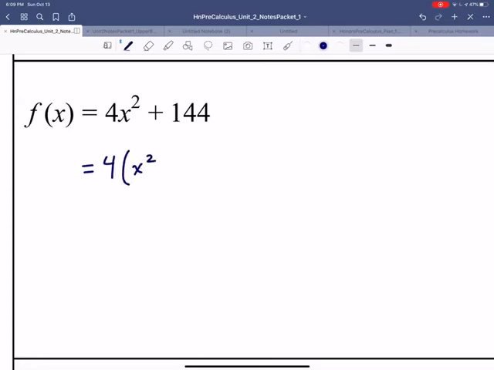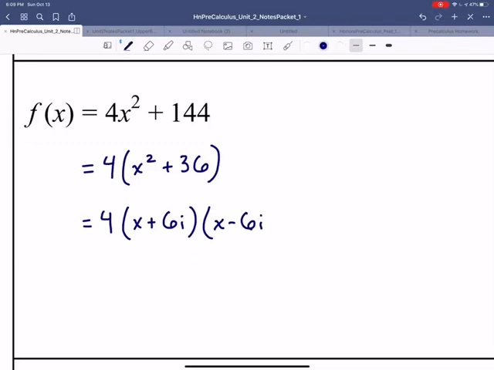That'll give us x squared plus 36. Then we get 4 multiplied by x plus 6i multiplied by x minus 6i.